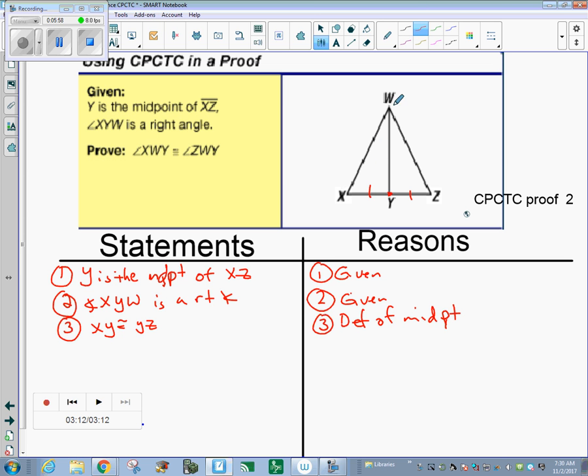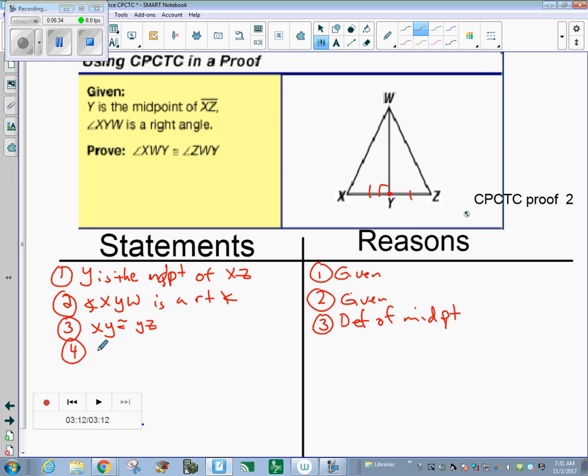They told me in my given that XYW is a right angle, and since that's a right angle, then we might be able to go with the fact that X, Y, Z makes a linear pair. So we can say that XYW is 90 degrees.